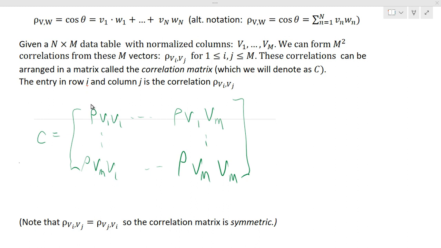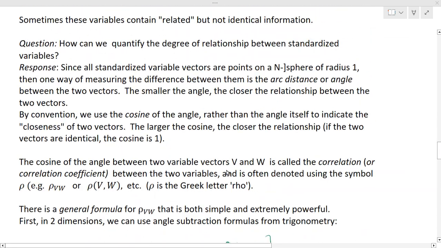The entry in the first row, first column would be rho v1, v1. The entry in the first row, last column would be rho v1, vm. So here I have rho v1, v1, then rho v1, v2, rho v1, v3, etc. If I go down the rows, then below would be rho v2, v1, rho v3, v1, all the way down to rho vm, v1. And if I go across, rho vm, v1, rho vm, v2, etc., down to rho vm, vm. What I'm doing is taking correlations between vectors.